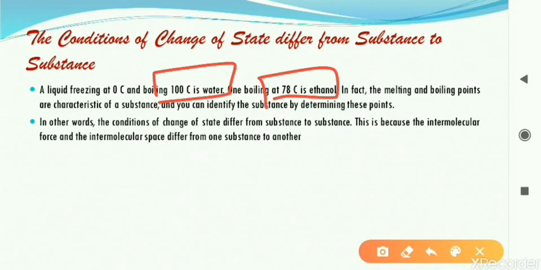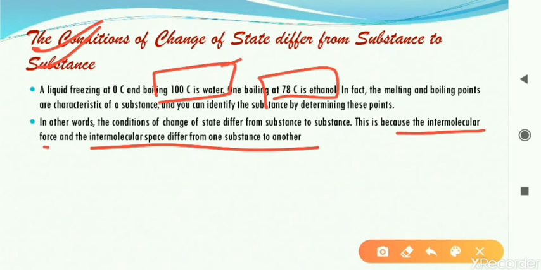Why is it so? Both are converting from liquid to gas, but one is converting earlier at 78 degrees, another at 100 degrees. That is what we are trying to say here: the conditions of change of state differ from substance to substance. So what is the reason? Why is the difference of temperature there?